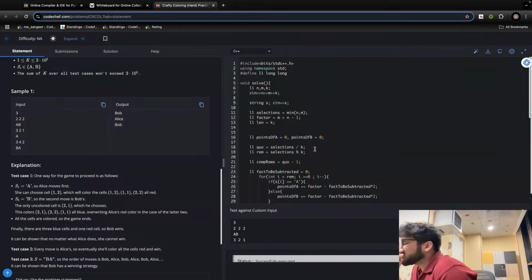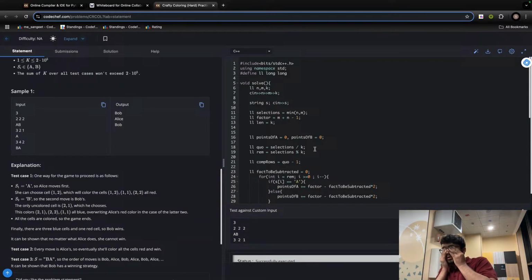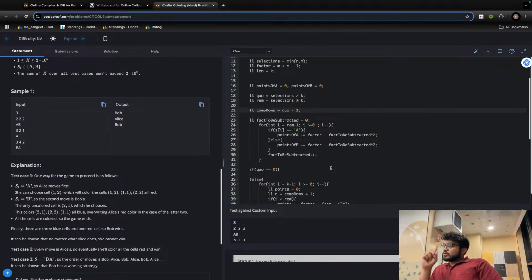If the remainder is 1, then it should be calculated for remainder minus 1. Yep. Got it, to match the indexes.